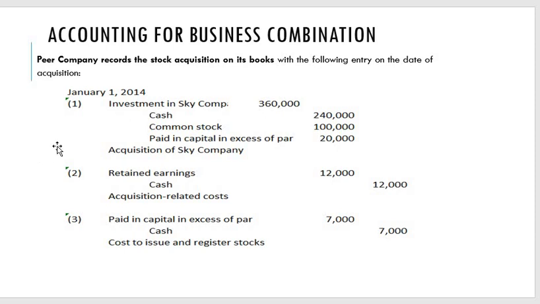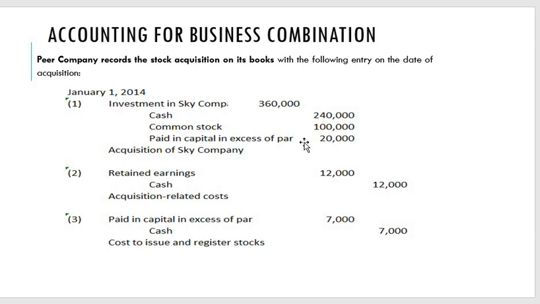So to record, of course, you debit investment in Sky Company, that's 360,000. Credit cash for the cash consideration, and then common stock at par, that's 10,000 times 10, that's 100,000, and then the difference between the fair value and the par, that's 2 pesos per share, that's 12 per share fair value minus par of 10, times 10,000 shares, is actually 20,000.